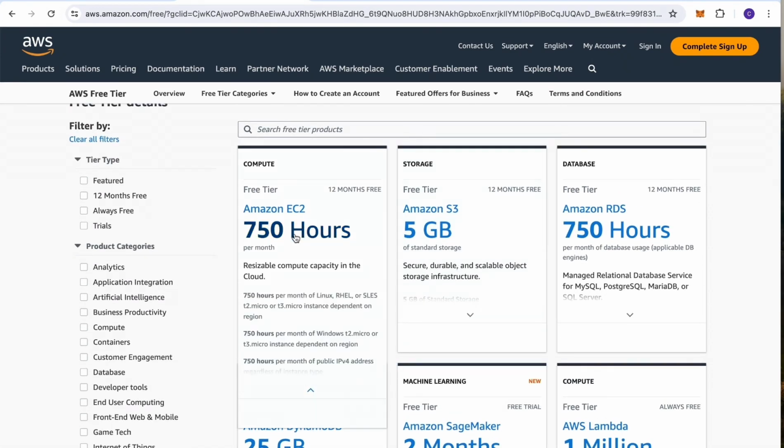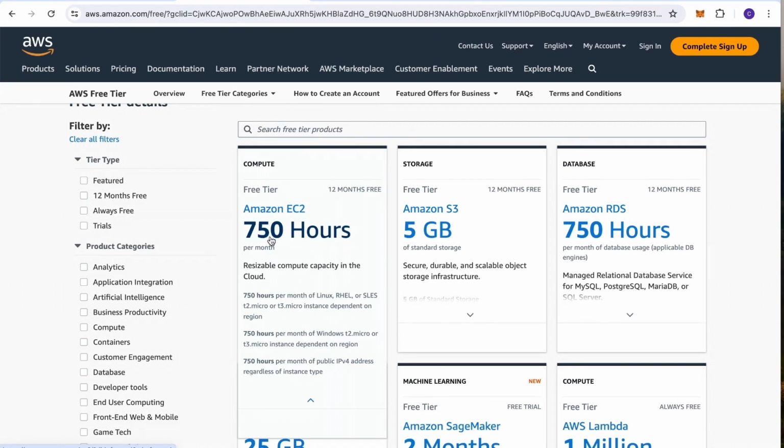There's one thing I need to emphasize. With the 750 hours per month for EC2, by experience, what I've realized is that if you spin up one EC2 instance, you can use it for 750 hours within a month.